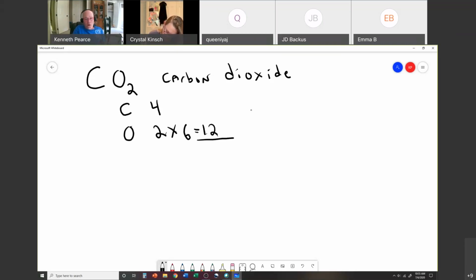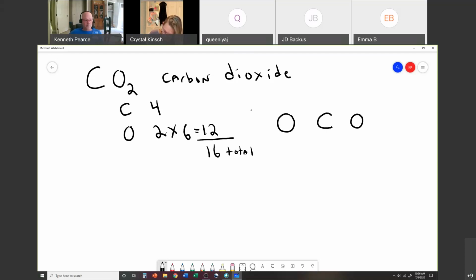And I add these guys up, that gives me 16 total. Now carbon, it's 1 by itself, so it goes in the center. And I'm going to go ahead and just put the oxygens off to the side because I already know what the structure should be.